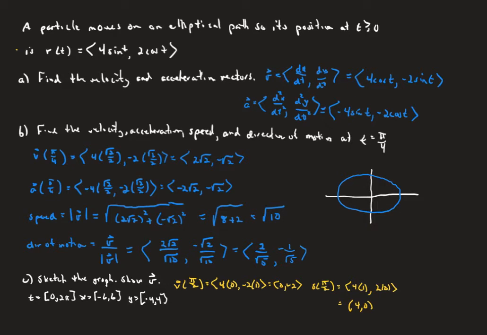So 4, 0 puts us at this point right here on our graph, and then I'm going to draw the velocity vector in red. It's going to be 0, negative 2. So starting with the initial point right there on the curve, 0, negative 2 is going to go straight down a length of 2.